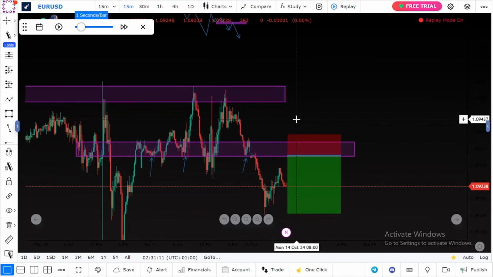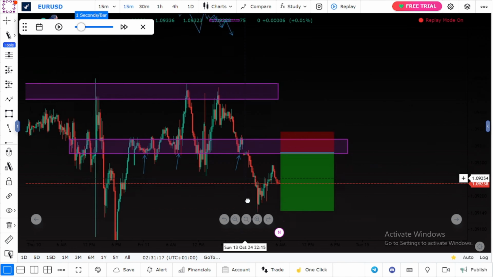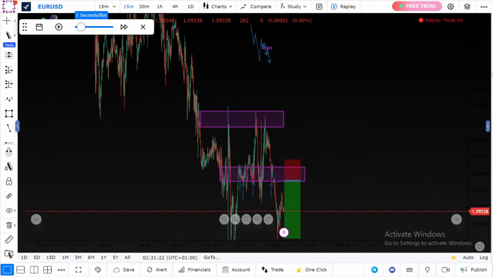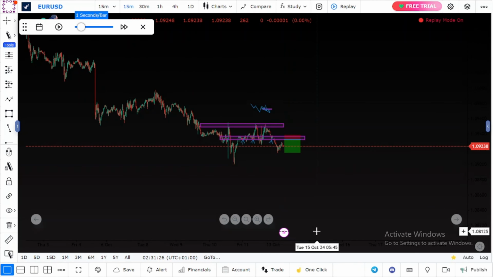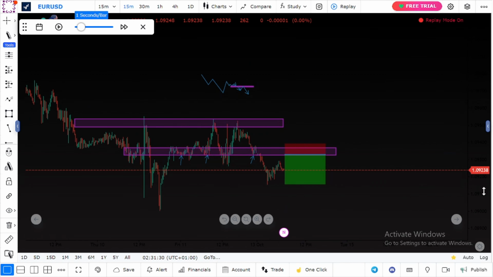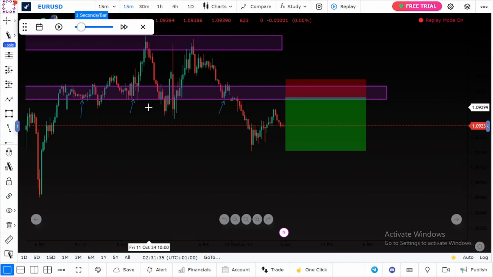Then you just basically get your entry. Sometimes you can wait for a confirmation, but I took this aggressively, then I just got in. So wait for the trend, and you guys can see the trend. We have been freaking bearish. Then you get the entry at support or resistance, and let's see how it is played.